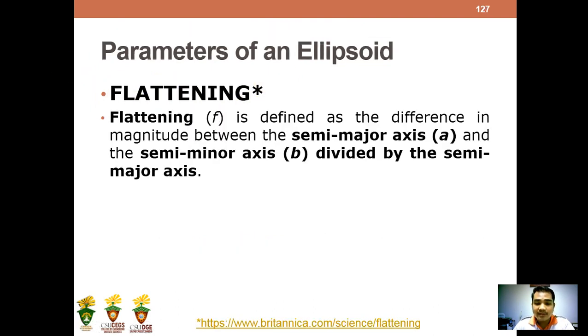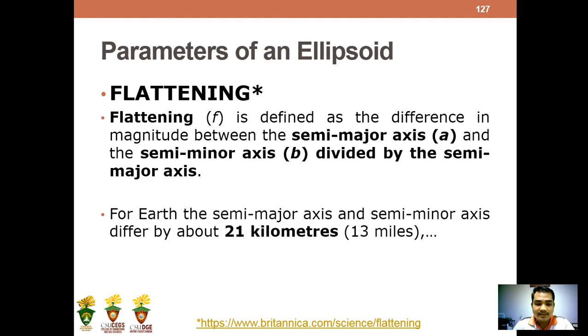So flattening is defined as the difference between the semi-major axis and the semi-minor axis, all over the semi-major axis.